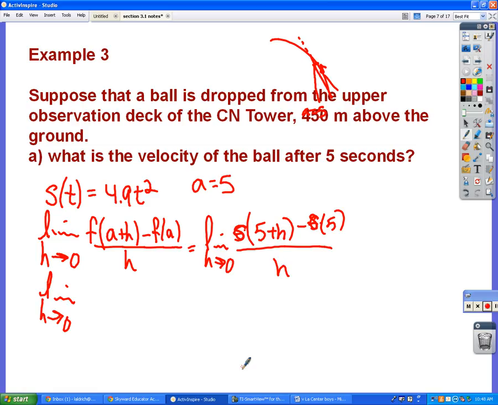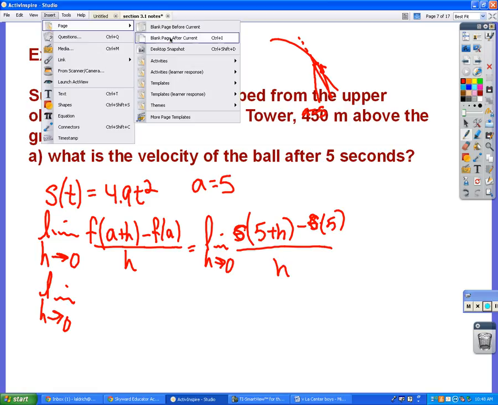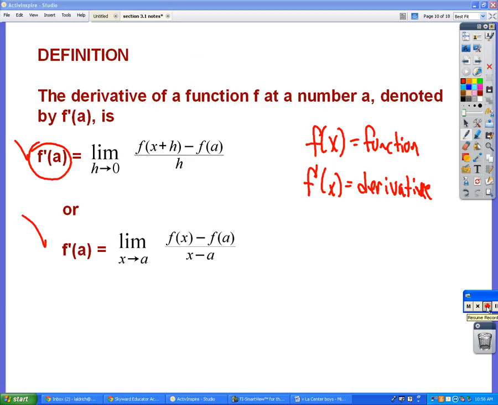So will you right now on your papers on your own figure out what 4.9 times the quantity 5.8 squared works out to be? So I'm going to go 4.9 times 5.8 squared, and you are going to tell me in a second what that is.